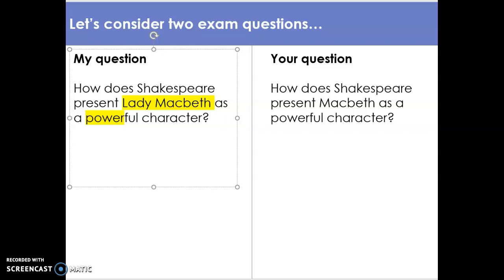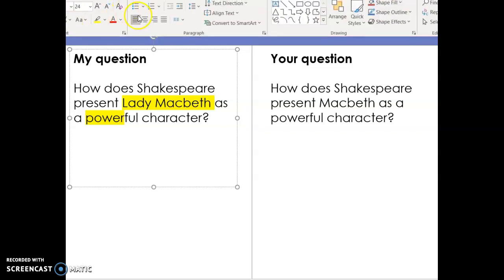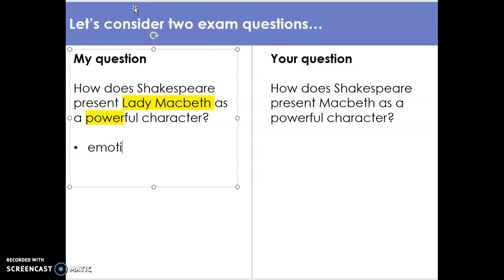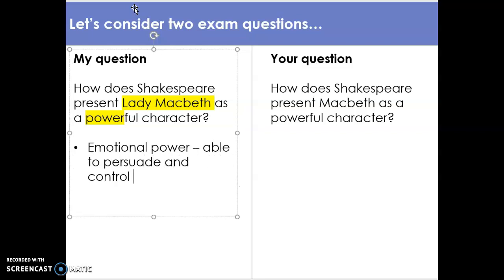Obviously, we see the fact that the main type of power she has is emotional power, isn't it? She's able to persuade and control Macbeth. Now, obviously, we spoke about the fact that he is quite easy to persuade. So perhaps it's what he wants anyway, but we can still see that emotional power.